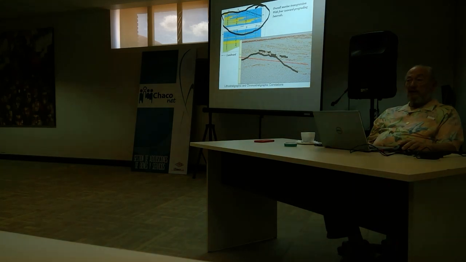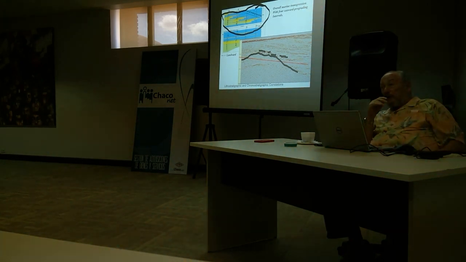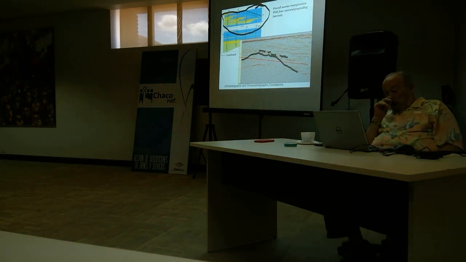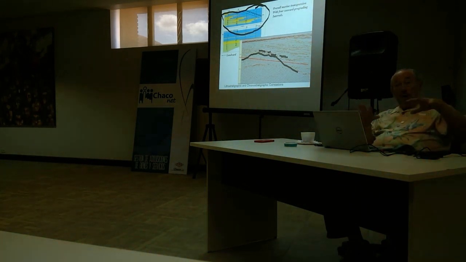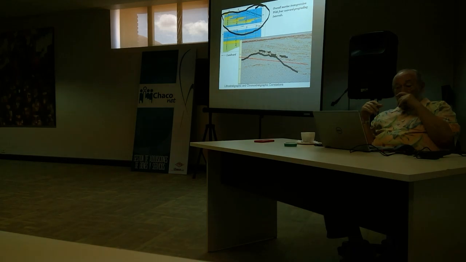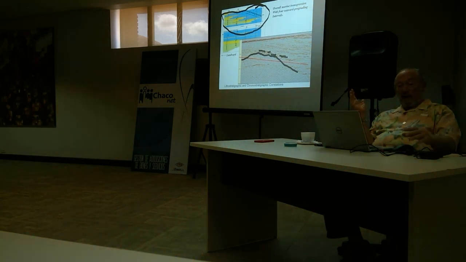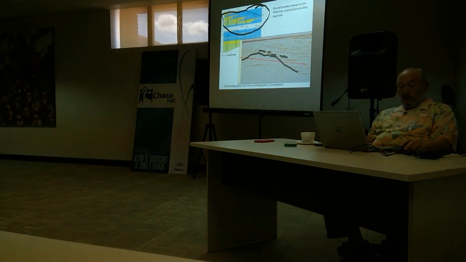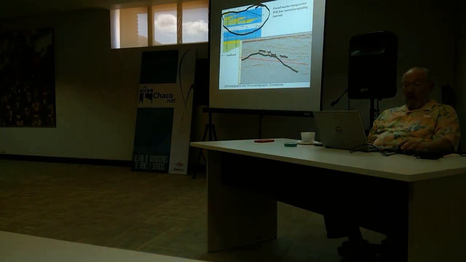Now, remember what I said about condensed sections. Condensed sections and their associated maximum flooding surface are usually very laterally continuous, long distance. So, where should they occur within a stratigraphic sequence? Here we've got marine transgression.